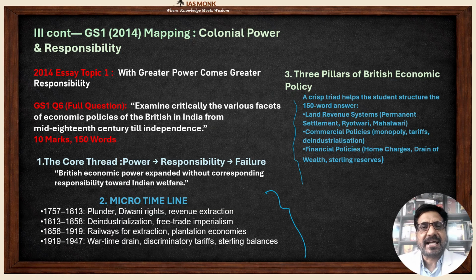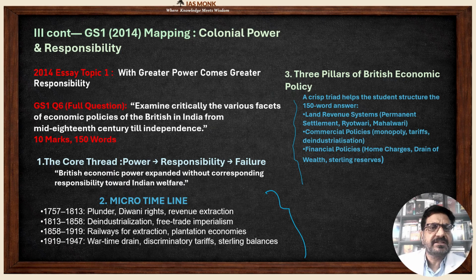This mechanical enforcement revealed how colonial power operated without empathy or responsibility. The wider economy suffered through deindustrialization, indebtedness, and recurring famines, exposing the extractive nature of British governance.